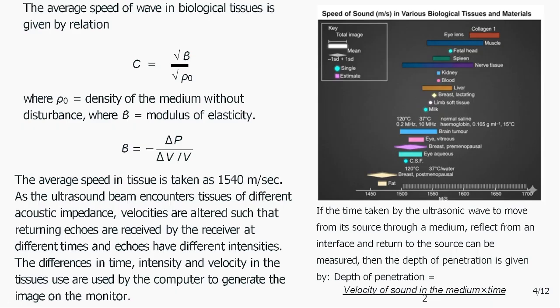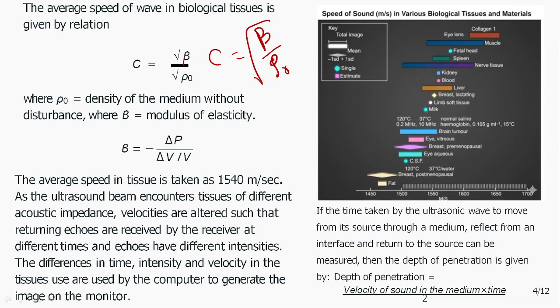The average speed of wave in biological tissue can be given by c equals root over of beta by rho naught.